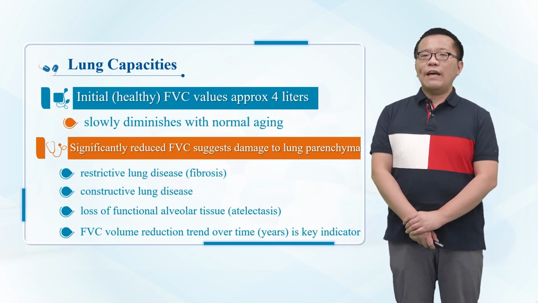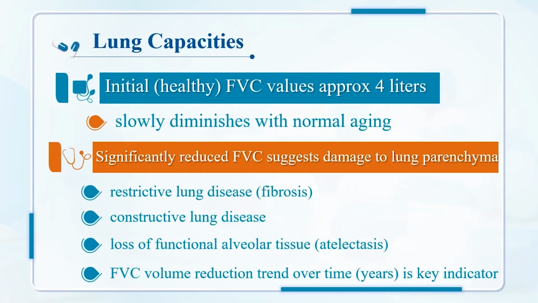Significantly reduced FVC suggests damage to lung parenchyma, for example, restrictive lung disease, obstructive lung disease, loss of functional alveolar tissue. FVC volume reduction trend over time is a key indicator.